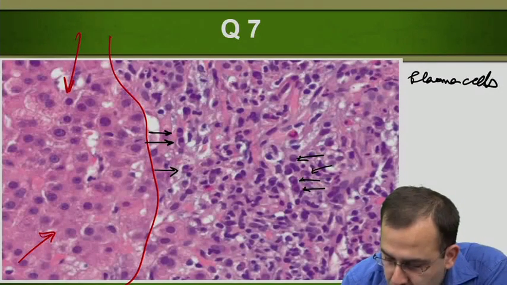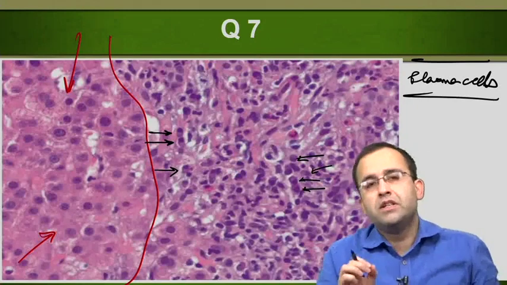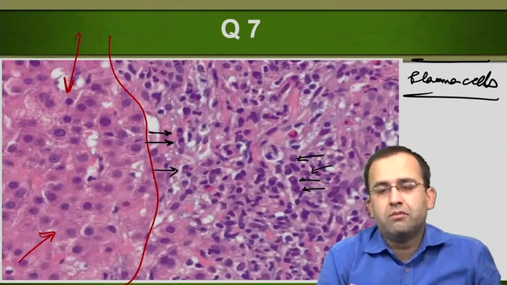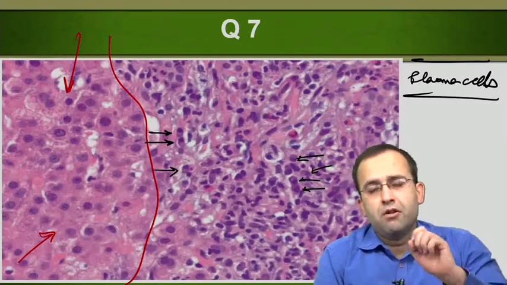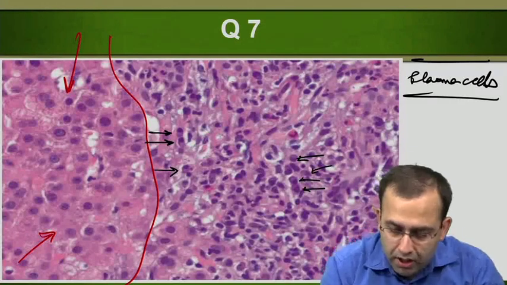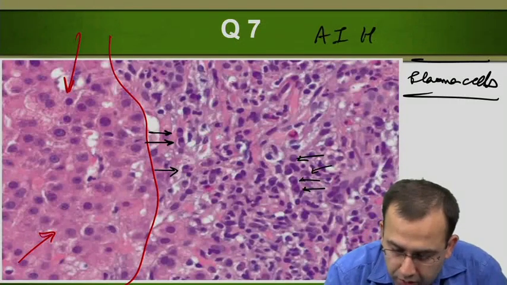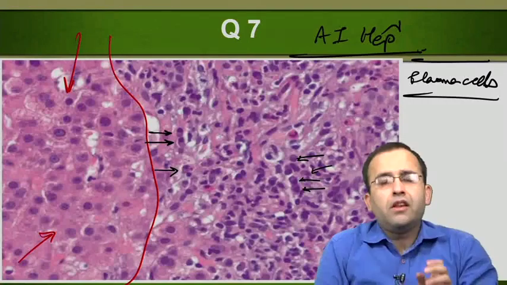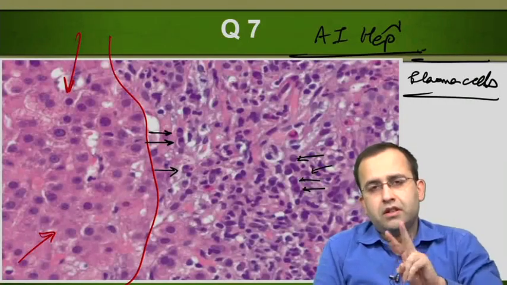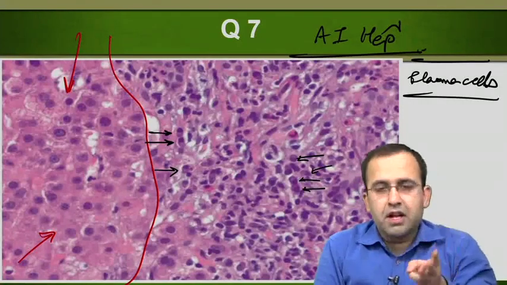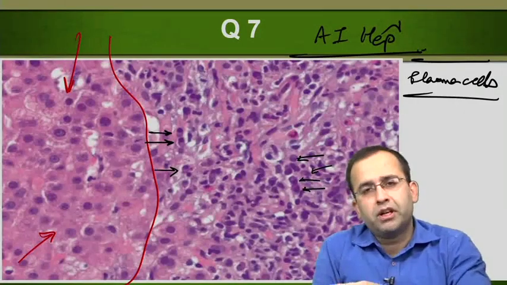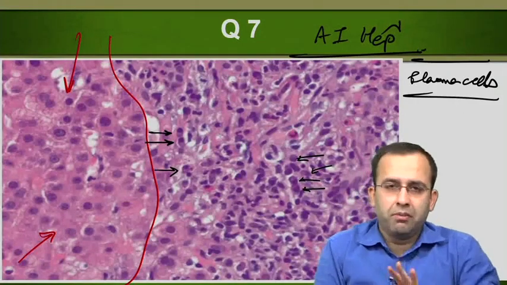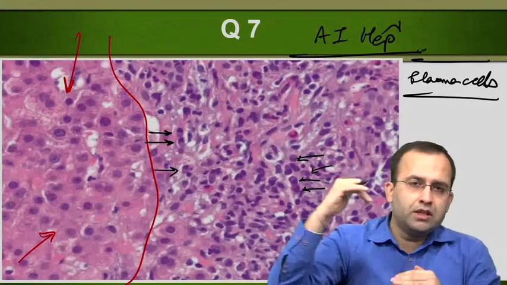This has been asked twice. Only two images have been repeated twice, one of which is the presence of plasma cells. Plasma cells in liver is suggestive of autoimmune hepatitis. Plasma cells in stomach, suggestive of H. pylori. Plasma cells in endometrium, chronic endometritis. Bone marrow, multiple myeloma. Plasma cells, 4 organs, 4 diseases.